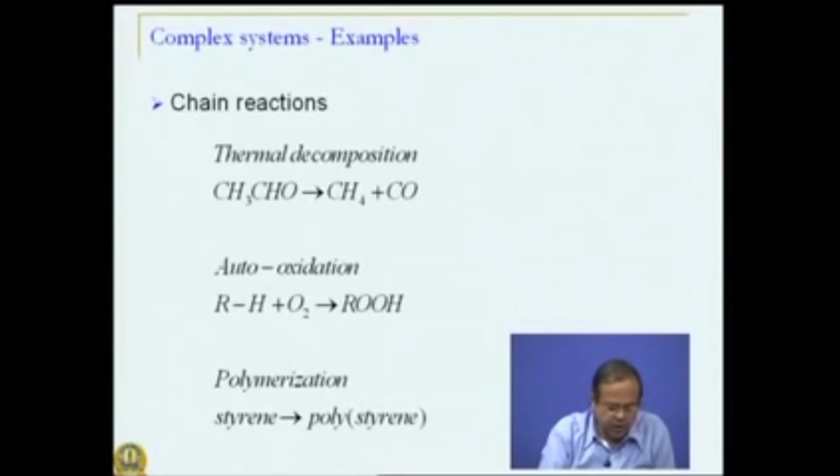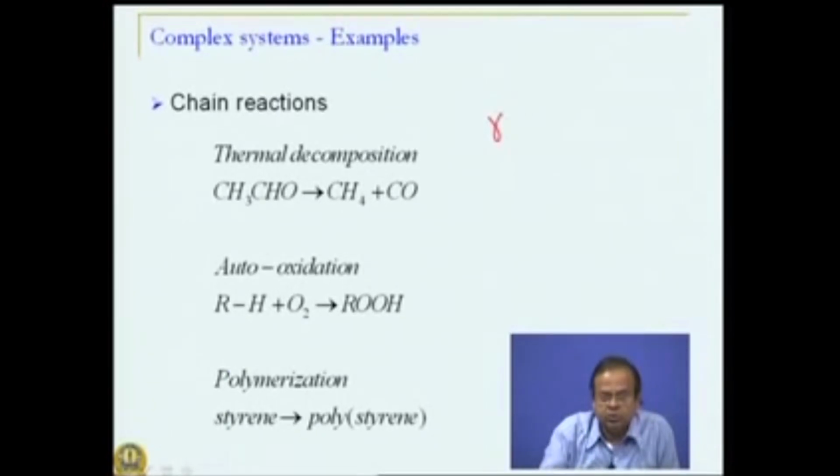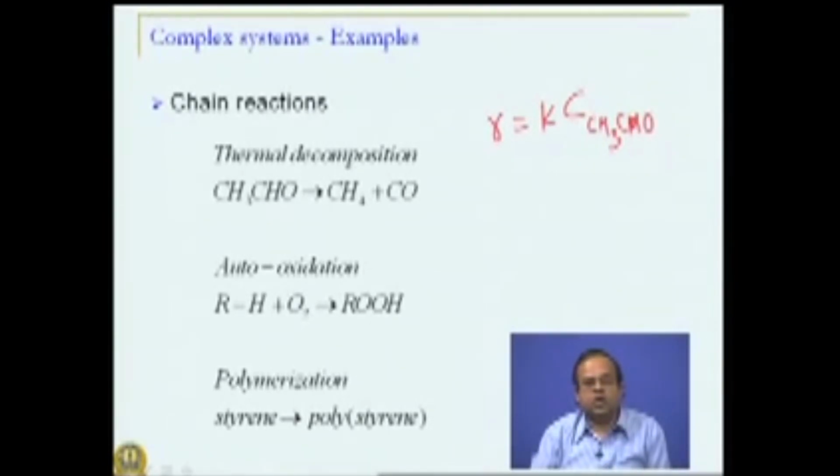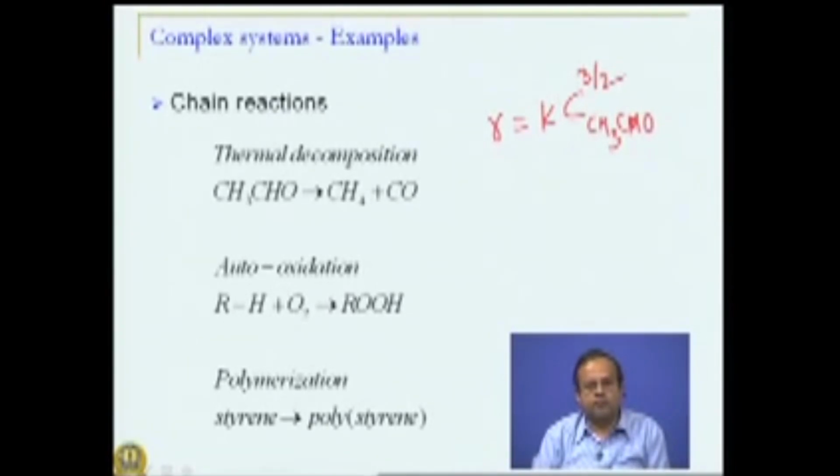So, I can expect, for example, my reaction rate to be simply r equal to k into the concentration of acetaldehyde. Indeed, this would have been the case if the reaction was an elementary reaction, but it turns out that the kinetics is actually of order 3 by 2. Now, where did this 3 by 2 come about? From where did it arise?